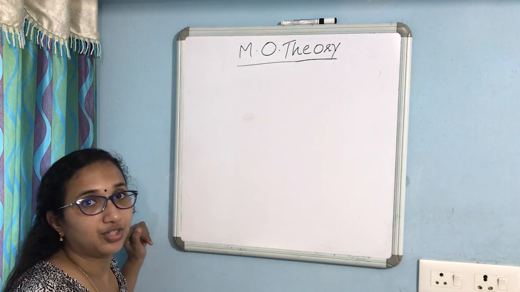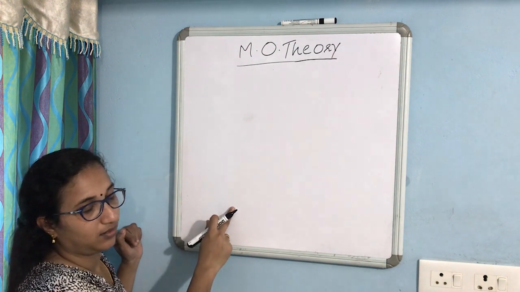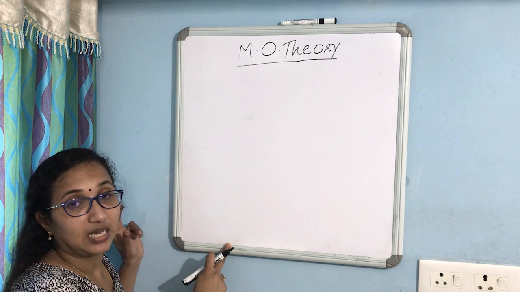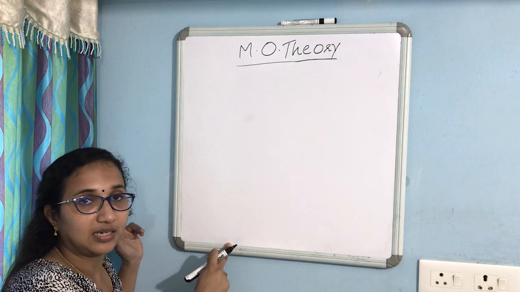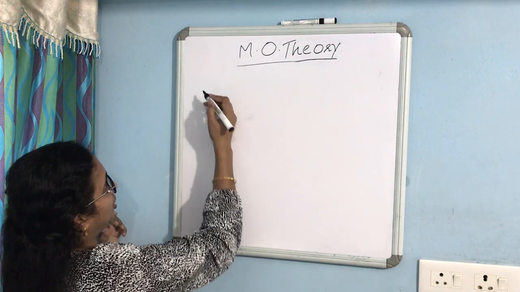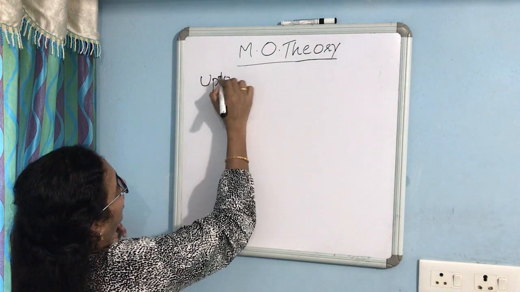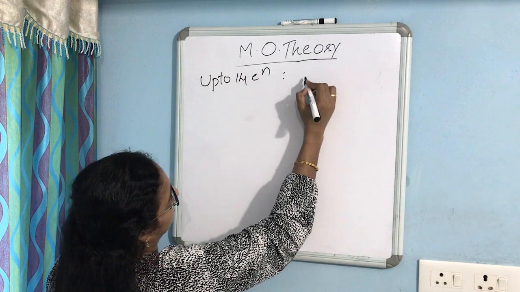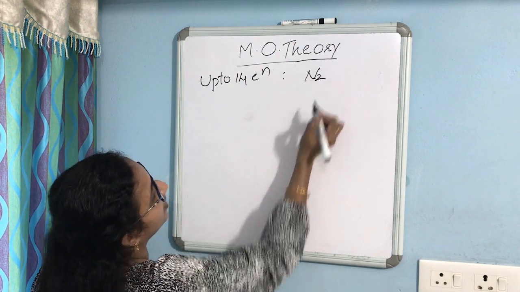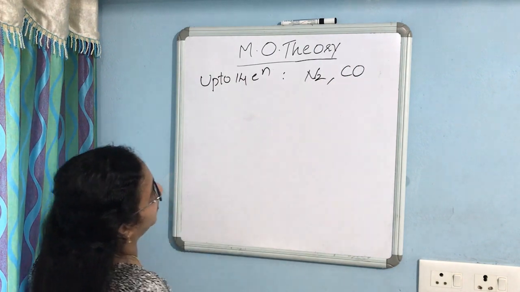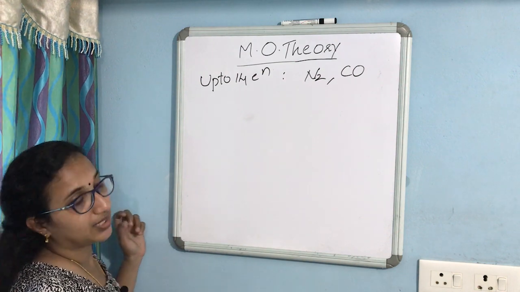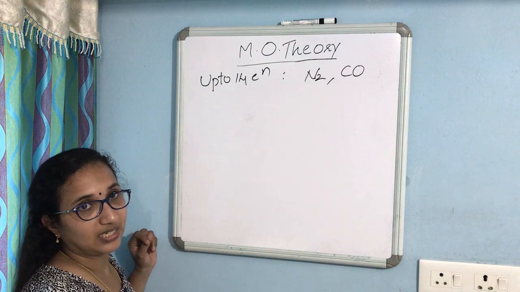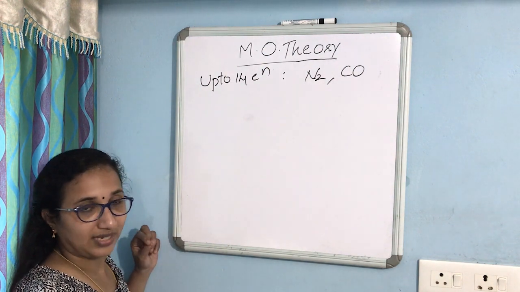If it is up to 14, there will be one configuration, and if the total number of electrons is more than 14, there will be a different configuration. So first we see the up to 14 electron system. That means, for example, nitrogen, carbon monoxide, etc. These have 14 electrons, and we can also write the MO configuration for B2, C2, etc.